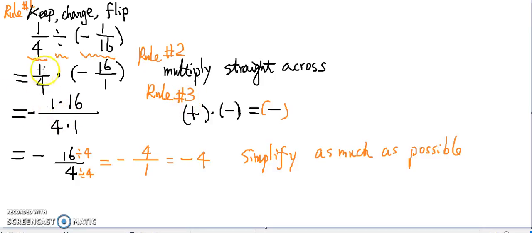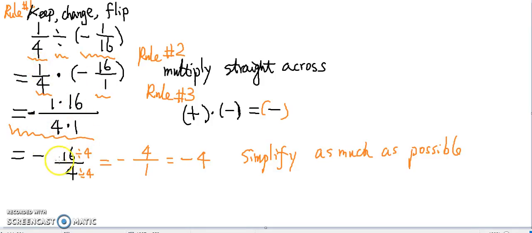And after you multiply the top and top, 1 times 16, bottom 4 times 1, you end up with this fraction. And this step can be omitted if you are familiar with the process, so you don't have to write this down. You can go ahead and put 16 on the top, 4 on the bottom, because you can multiply in your head very quickly.